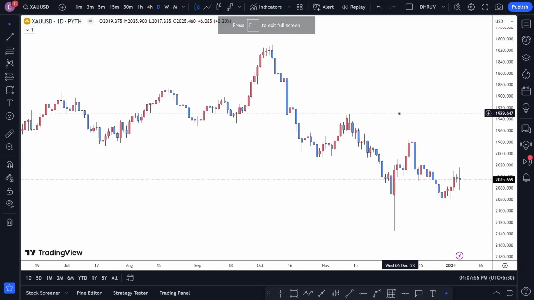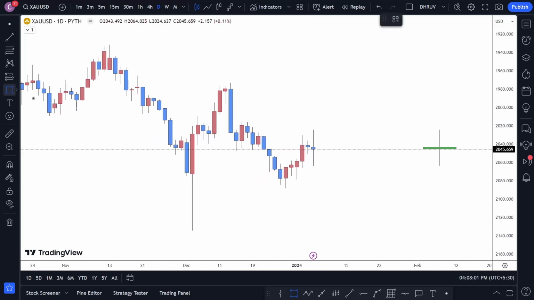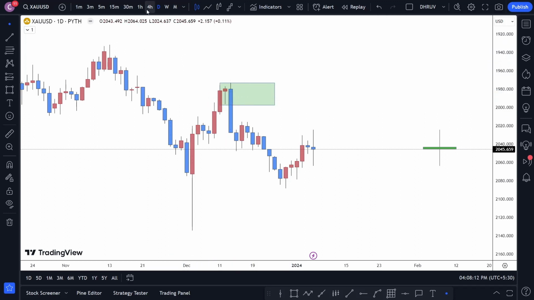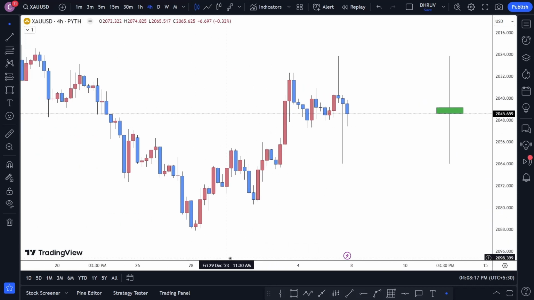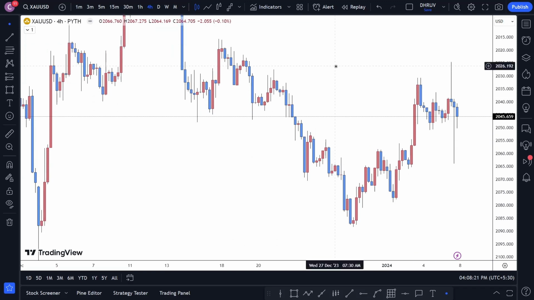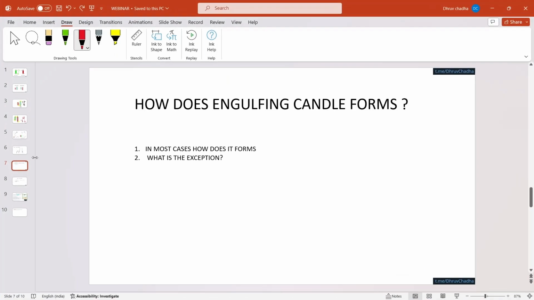We are on a daily chart of gold, and this is a clear example of a sell engulfing. If we look one time frame lower, we are going to see an engulfing failed forming up. Let me go back into these slides once again.